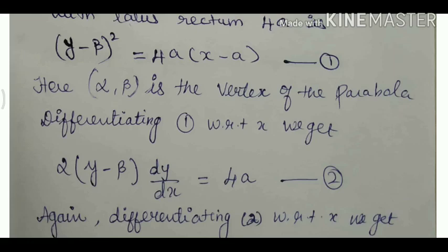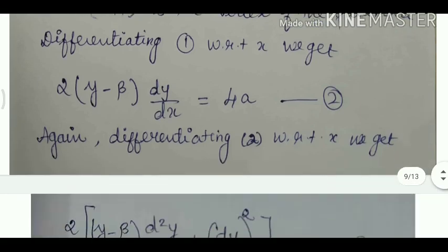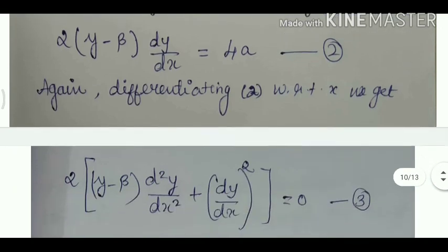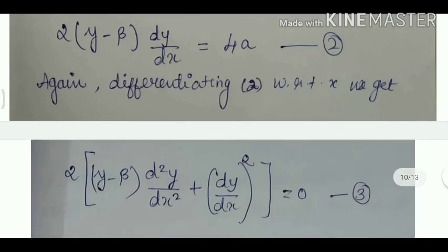Again we are differentiating with respect to x, that is, the second equation is differentiated again in order to get the value of a. Therefore, if it is differentiated, we are getting 2[(y − β) d²y/dx² + (dy/dx)²] = 0. Take it as the third equation.